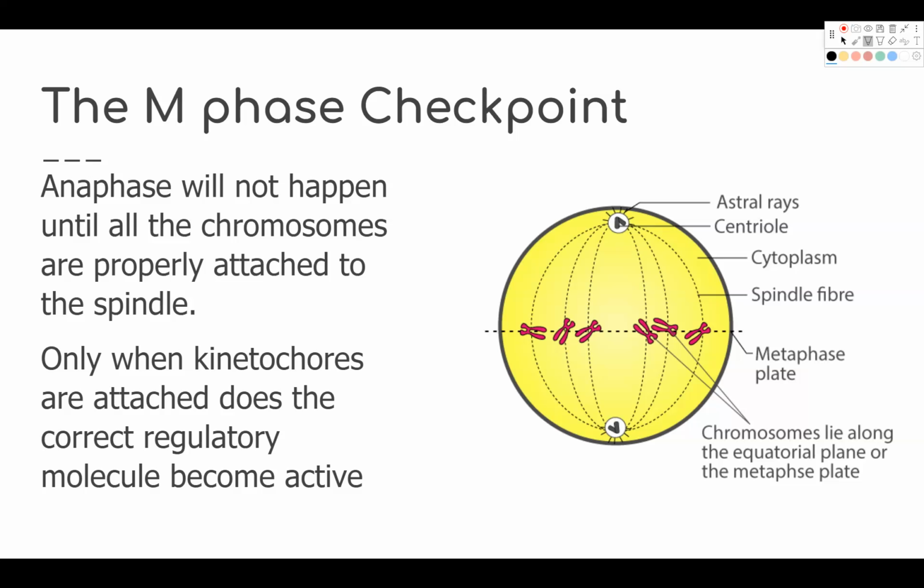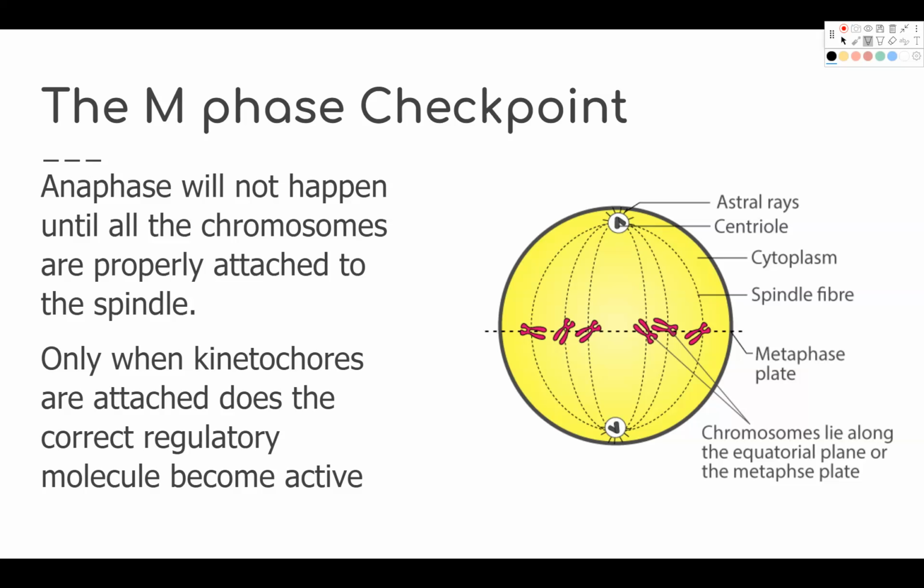After metaphase comes anaphase. Anaphase will not happen until all of our chromosomes are attached to the mitotic spindle. When our kinetochores are all attached to the spindles, it will activate our regulatory molecules.